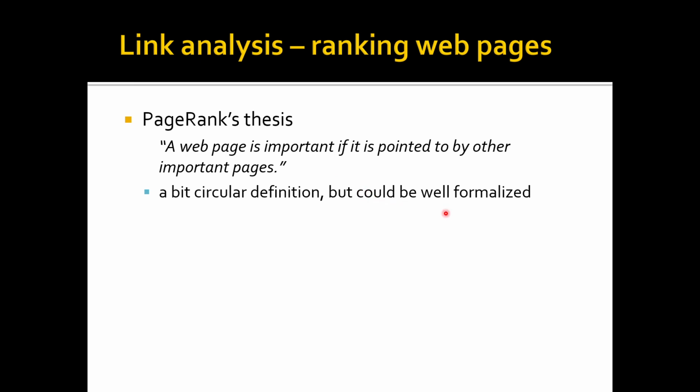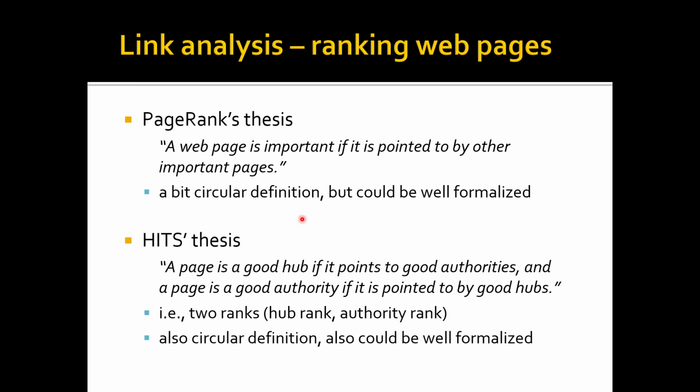And the HITS thesis, the other to PageRank, is more complex because it distinguishes not two web pages, but it distinguishes between hubs and authorities. So a page is a good hub if it points to good authorities, and a page is a good authority if it is pointed to by good hubs.